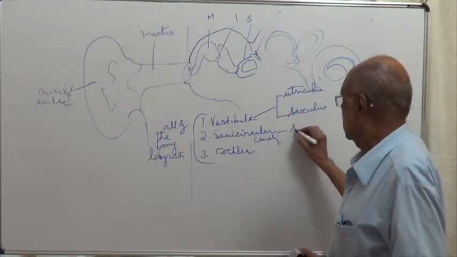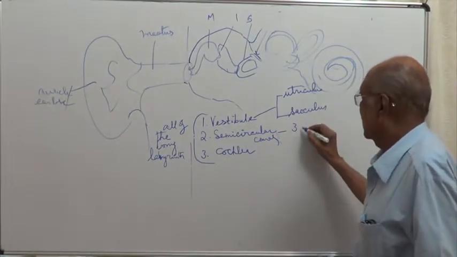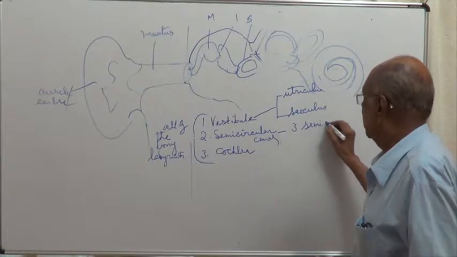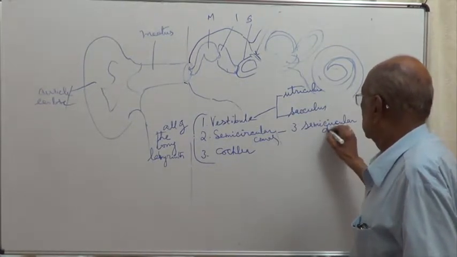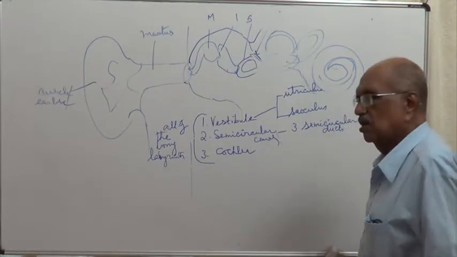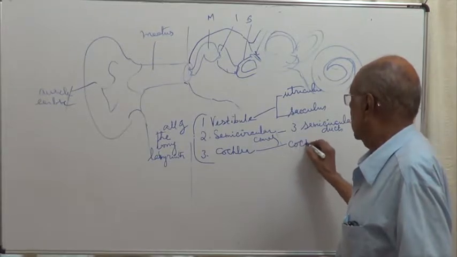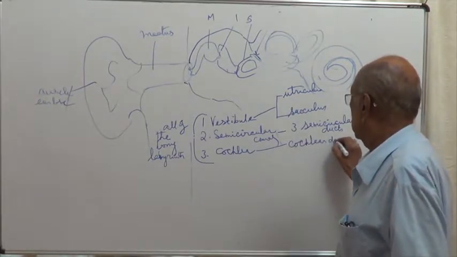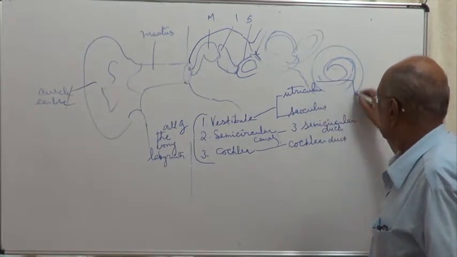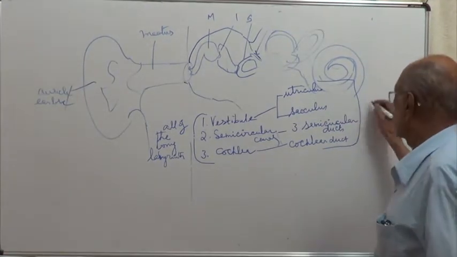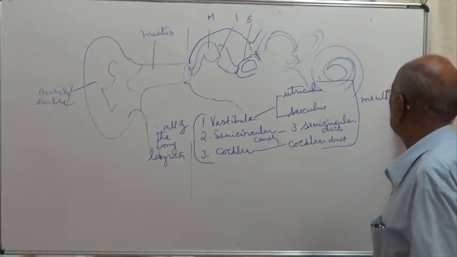Semicircular canals contain 3, once again 3 semicircular ducts. The cochlea contains the cochlear duct. The utriculus, sacculus and cochlear duct are components of the membranous labyrinth.